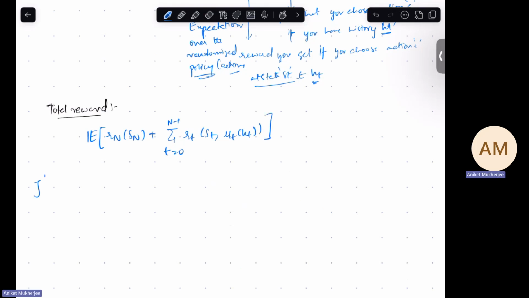Okay, so J_pi of S0 is basically the expectation, with the initial starting state S0.